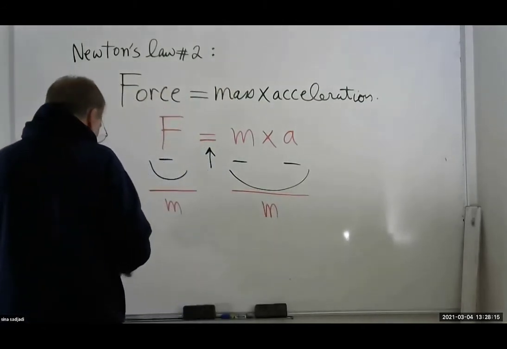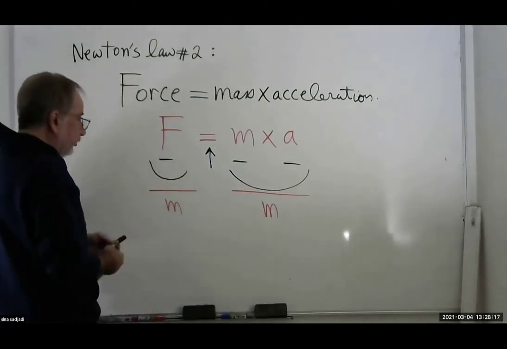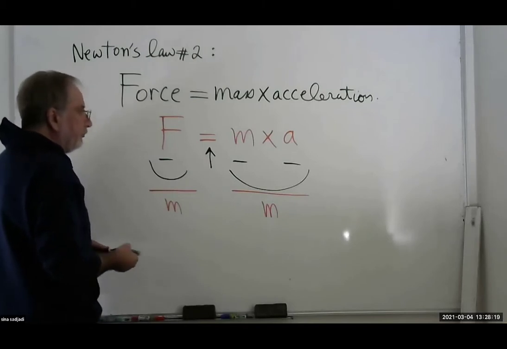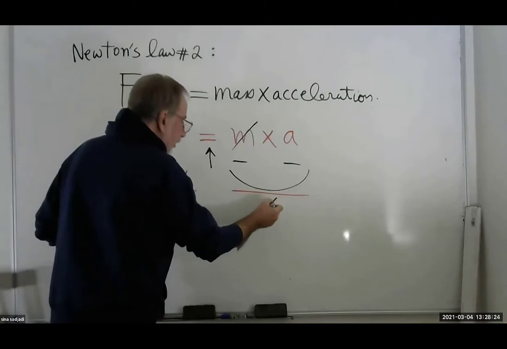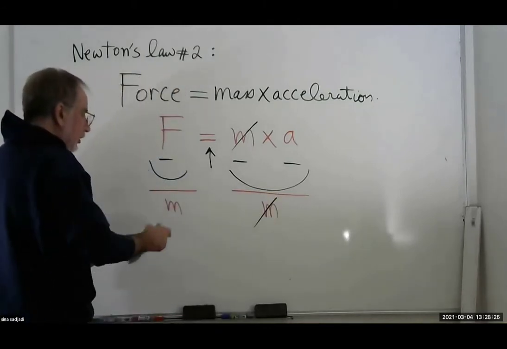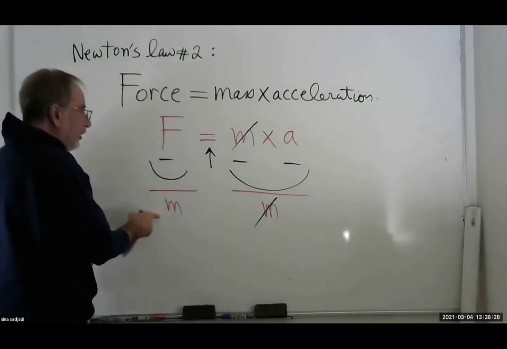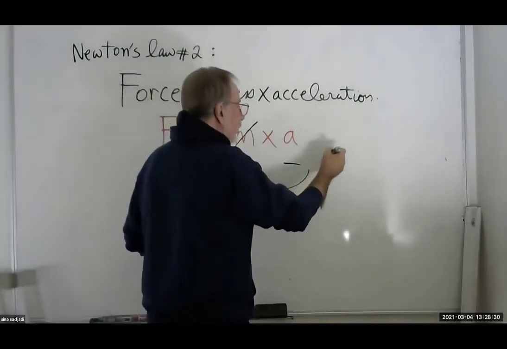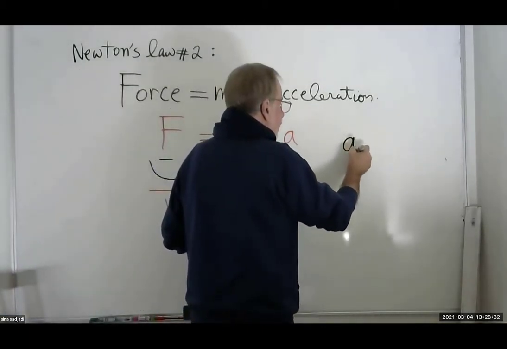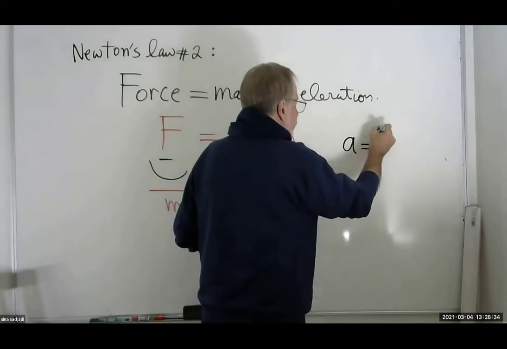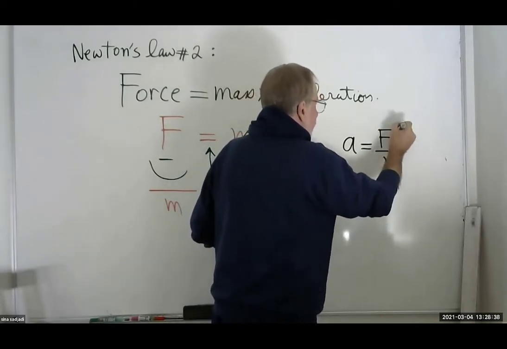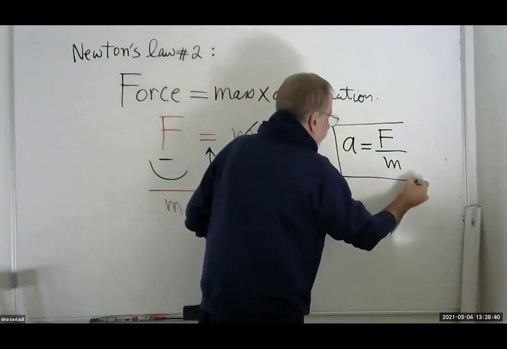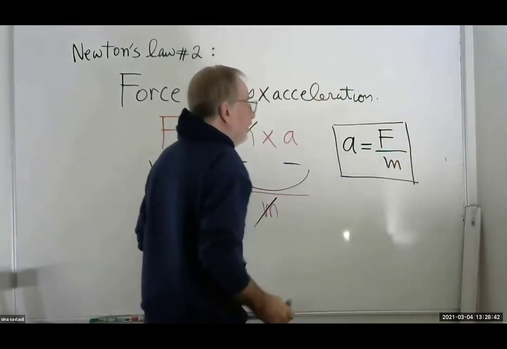Because they're equal. If I do that, then mass on this side cancels out the mass on this side. So now we have F divided by M is equal to acceleration. I can say A, acceleration, is equal to force divided by mass. So I get another version of the same exact equation.